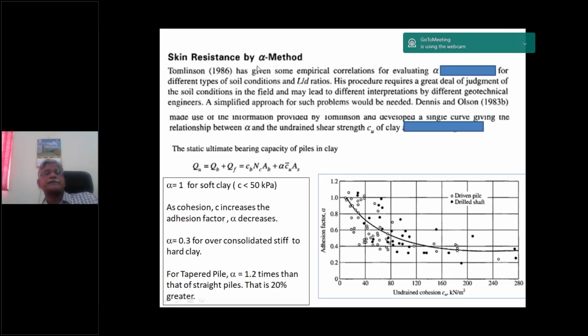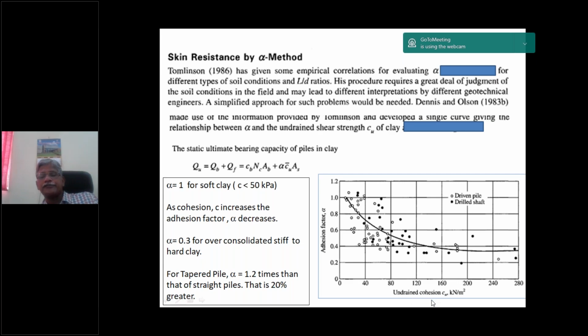Now the skin resistance by the alpha method. Alpha, beta, gamma methods are available from the load carrying capacity point of view. The formula is here. The ultimate skin resistance of piles in clay by using the alpha method is alpha Cu As. So alpha can be estimated from this particular chart.